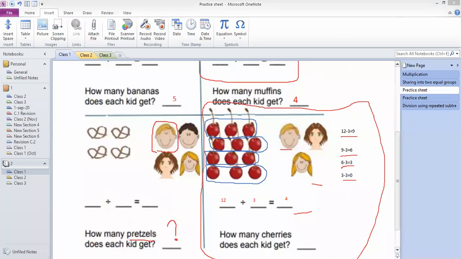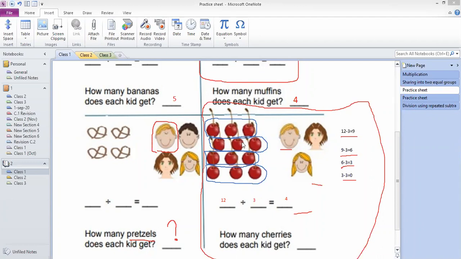If you distribute these four pretzels among these kids, how many pretzels does each kid get? Yes, one. But you said 12. I counted the apple.